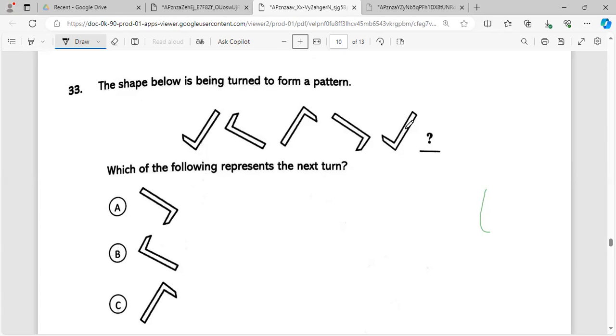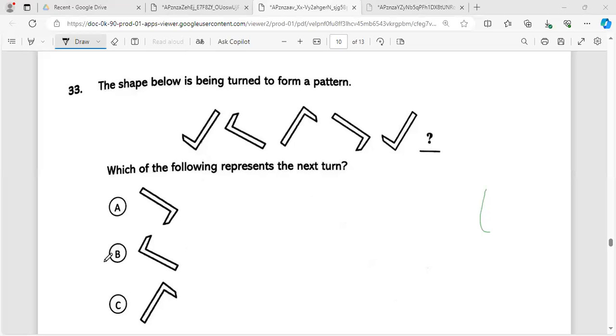The first is upright, then the curved part is turned up, then turned to the right, then to the lower right, and then again it is turned normal. My answer, just looking at the three options, would be that one.